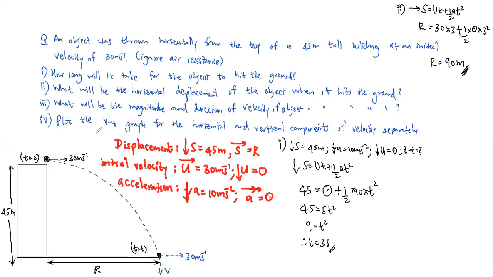Now, third question. What will be the magnitude and direction of velocity of the object when it hits the ground? Right. Now, when the object hits the ground, as you can see in the diagram, it will have a horizontal velocity component of 30 meters per second, and it's going to have a vertical velocity component v.